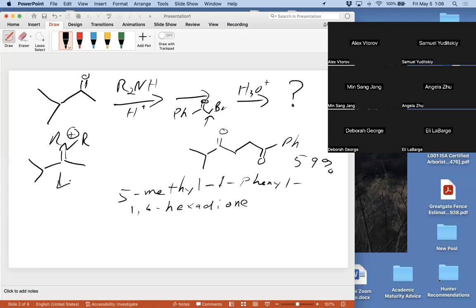That has two ways to make the enamine. Okay, and because of what we saw, it tends to go what you wouldn't expect. This is going to react.